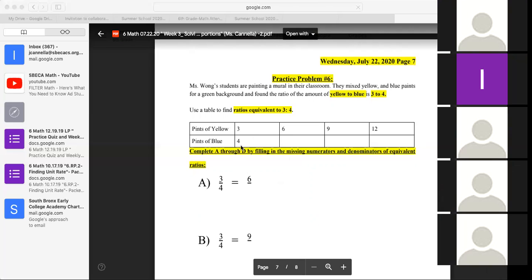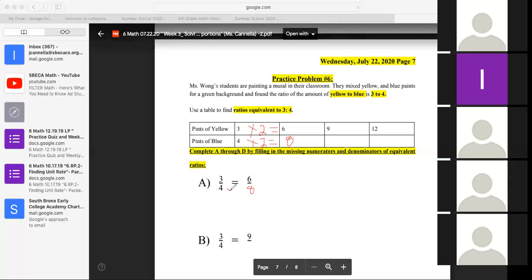Okay. Jerickson, 3 por qué número son 6? 3 por 2. 4 por 2 son what? 8. 8, right?